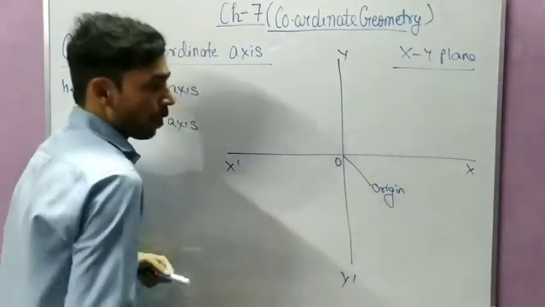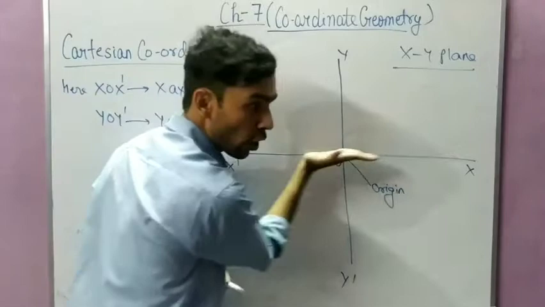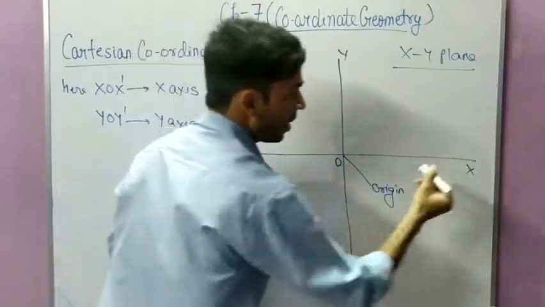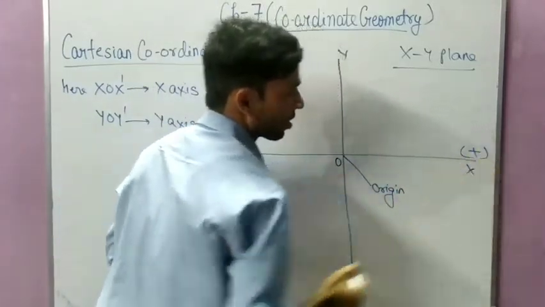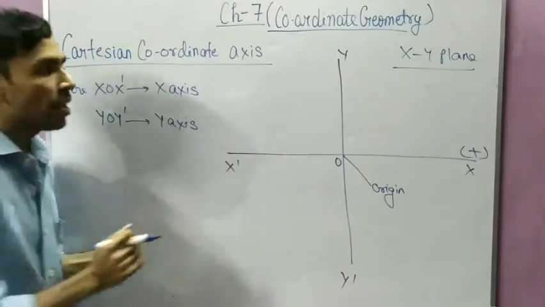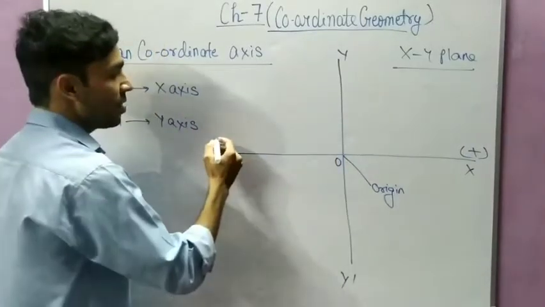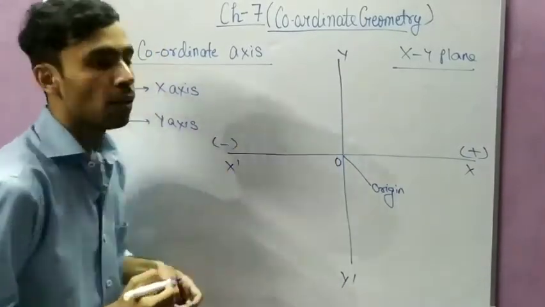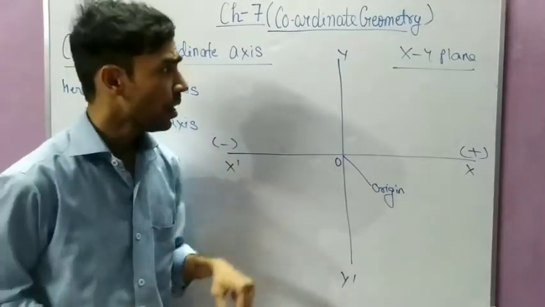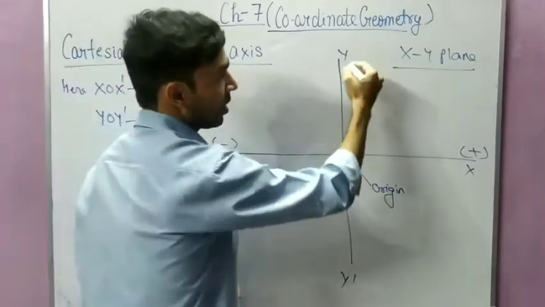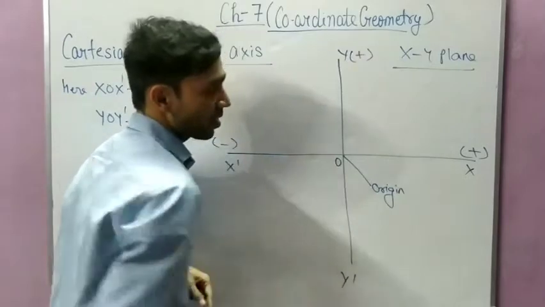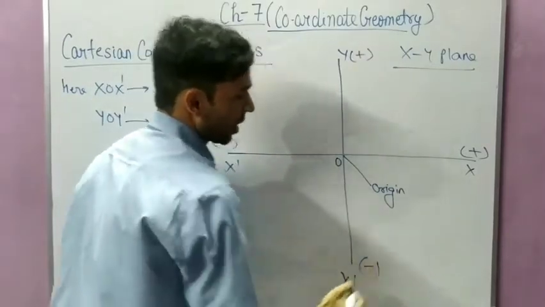When we move in this direction along the x-axis, this side is known as the positive x-axis. Similarly, the opposite side is known as the negative x-axis. Similarly, the upside is known as the positive y-axis and this is the negative y-axis.